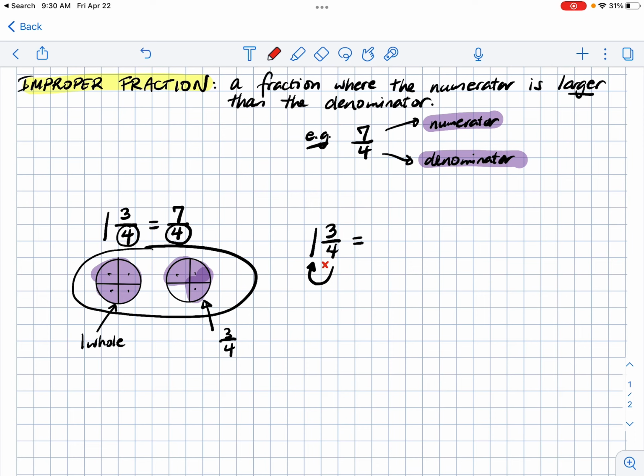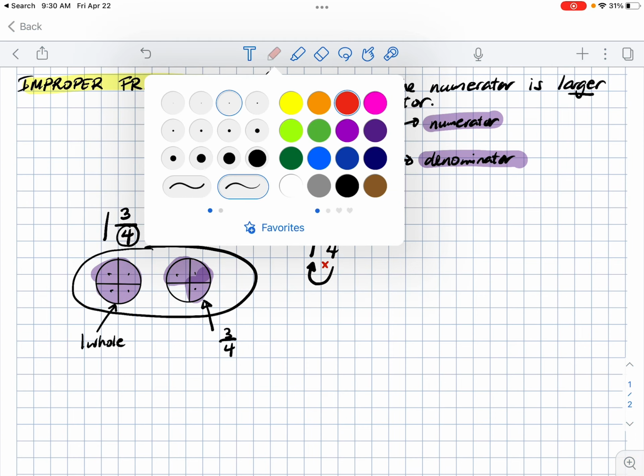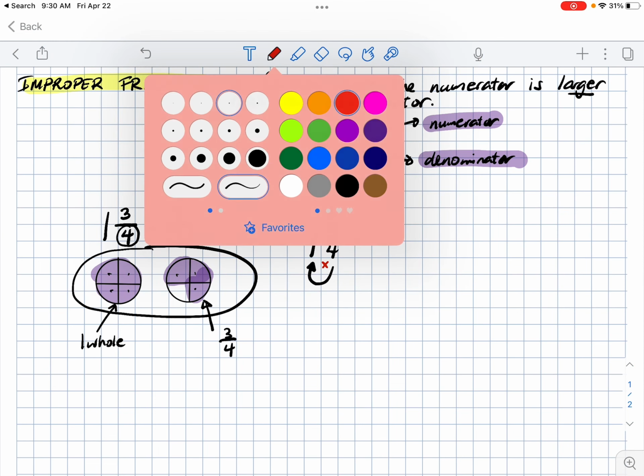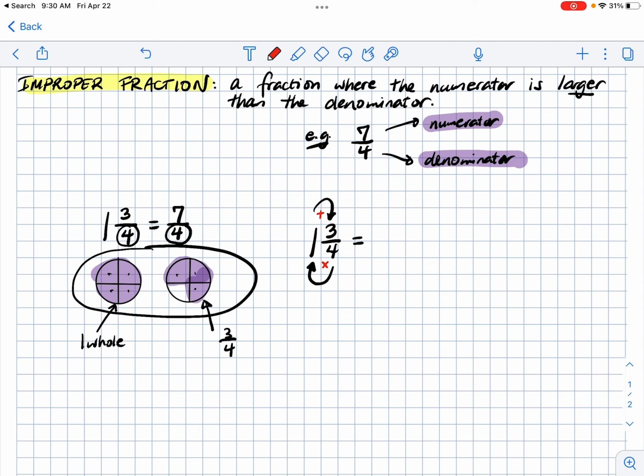And then you're going to take that number and add the numerator. Remember that the denominator stays the same in both cases.